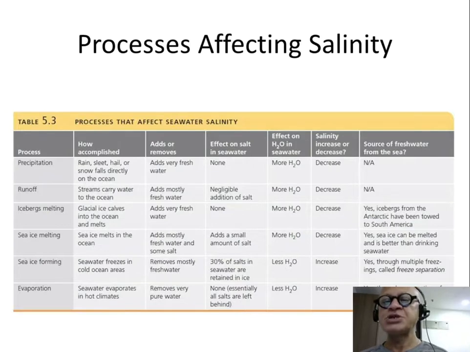How are they accomplished? There are obviously very simple processes involved, and some of them add salinity and some of them remove salinity. And effects on salt in the seawater: precipitation. Essentially, if you're evaporating from the ocean and dumping it back onto the ocean, on average, then you don't change the salinity too much.